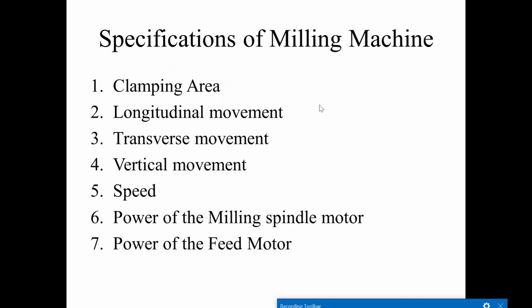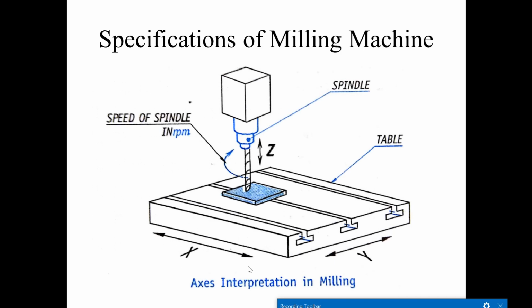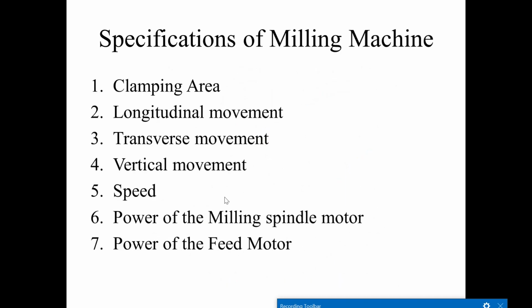Next one is the different specifications. As I have already said, the clamping area, the area of the work table suitable for bigger size workpieces, should be specified as a specification of the milling machine. And the longitudinal movement, which is shown in the x direction in the previous figure, the transverse movement that is shown in the y direction, and the vertical movement that is shown in the z direction we have already discussed.